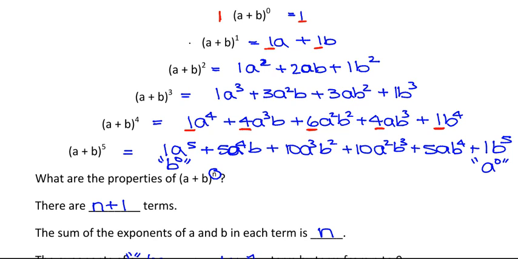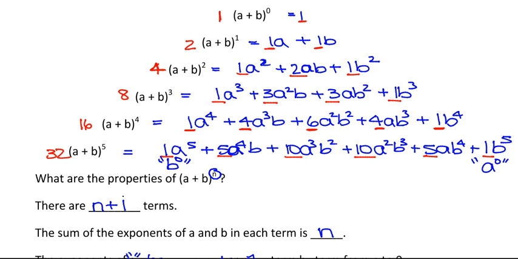Here it's 1 plus 2 plus 1, which is 4. 1 plus 3 plus 3 plus 1, 8. 1 and 4 and 6 and 4 and 1, 16. 1, 5, 10, 10, 5, 1 is 32. So maybe pause it right now and see if you can find the pattern. Then you can play it back once you think you found it.